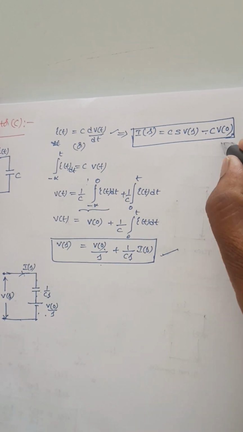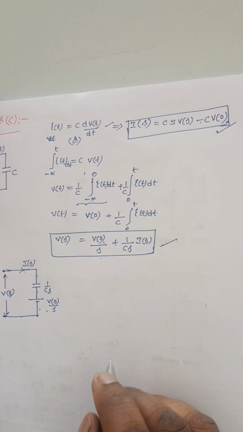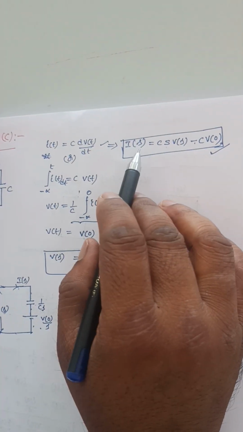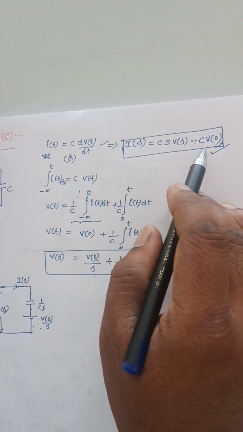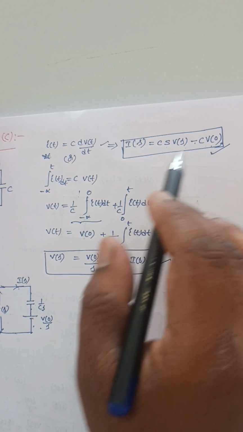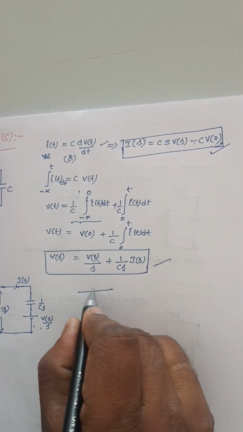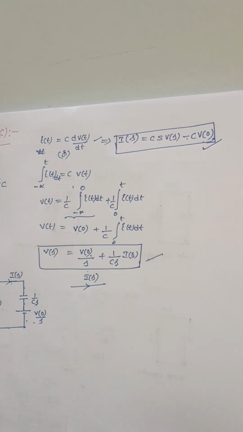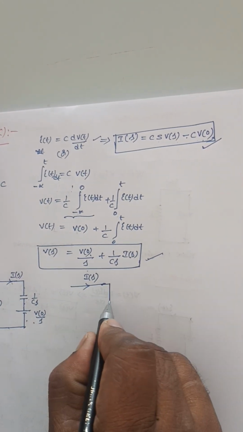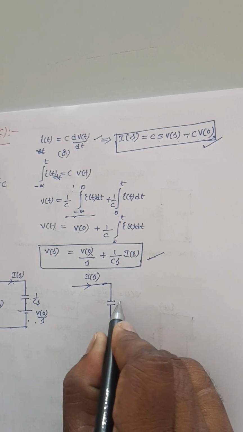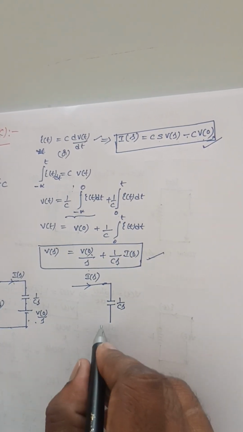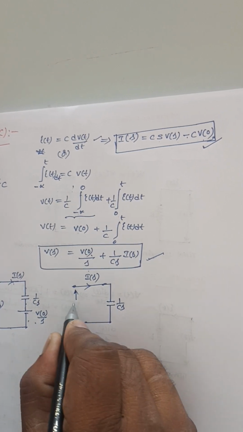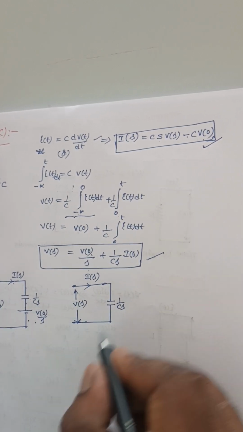Next, the representation of this equation in network form. Here there are two currents. One current is Cs into V of s, and another is this current I of s. So it is one capacitor 1 by Cs, and the voltage across it is V of s, the voltage across this capacitance.